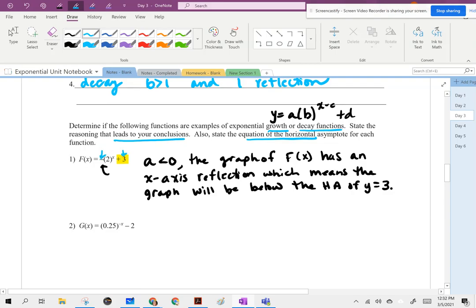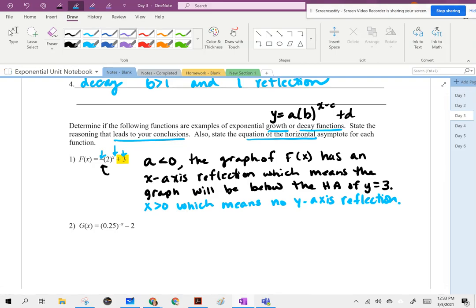So now let's talk about the x value. We've got x greater than 0, which means no y-axis reflection. So what do we have here? We have one reflection.